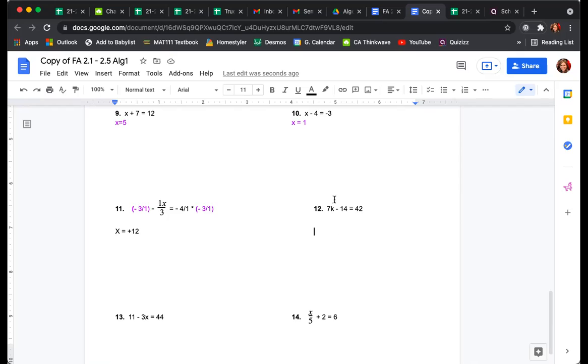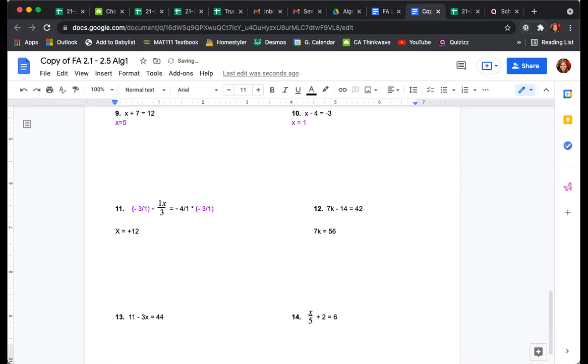So the first thing we want to take care of is the addition or subtraction by moving it to the other side. So to get rid of or undo minus 14, I need to add 14 to both sides. 7K equals, okay, 42 plus 14 is going to be 56.